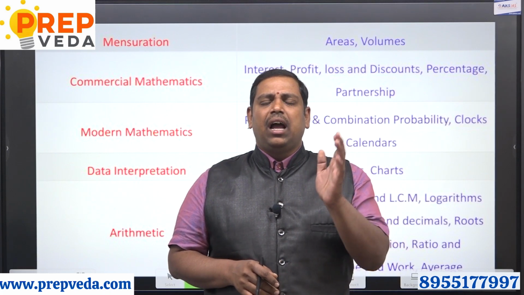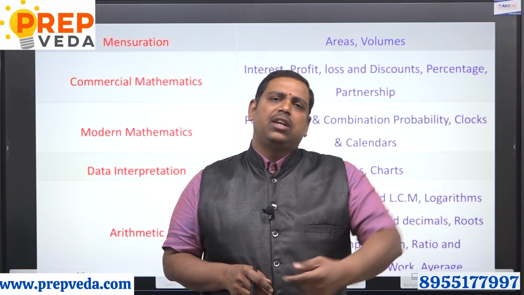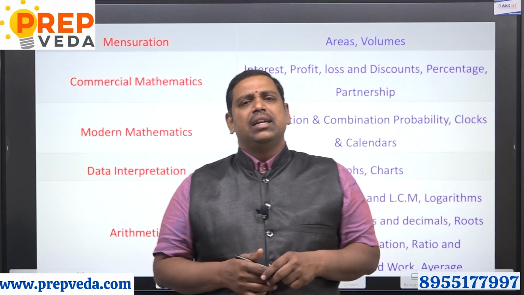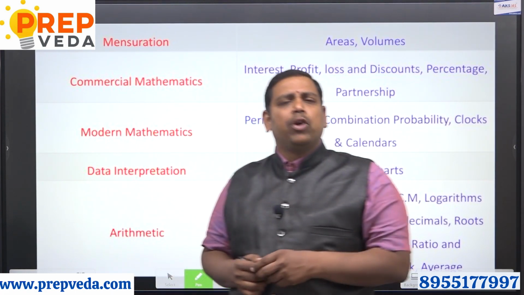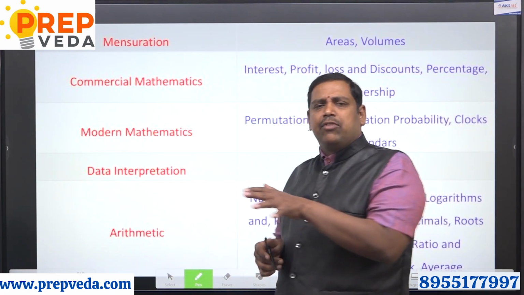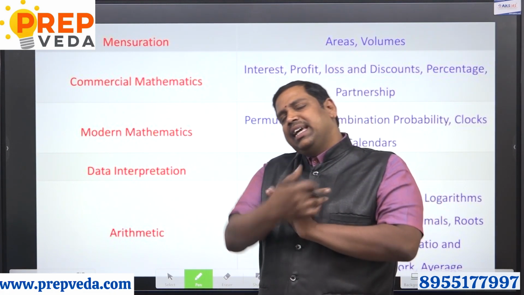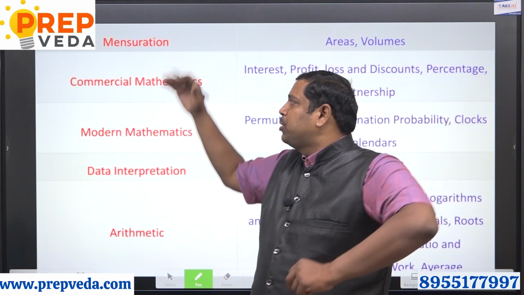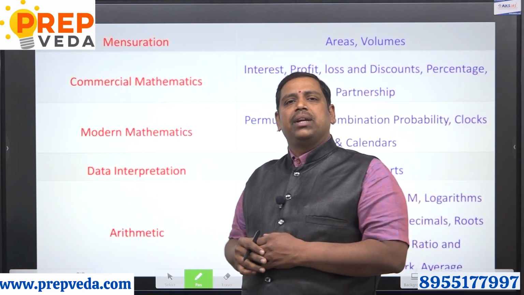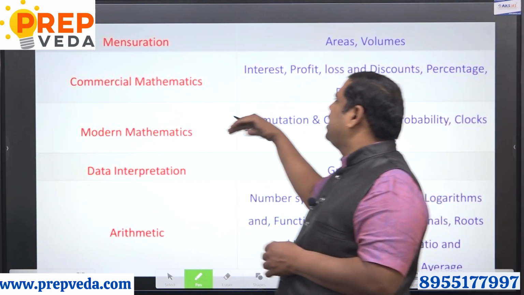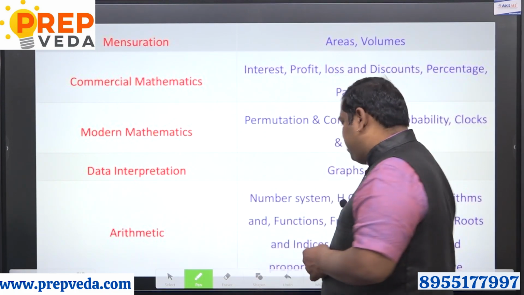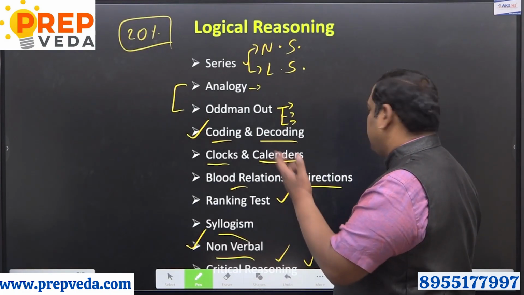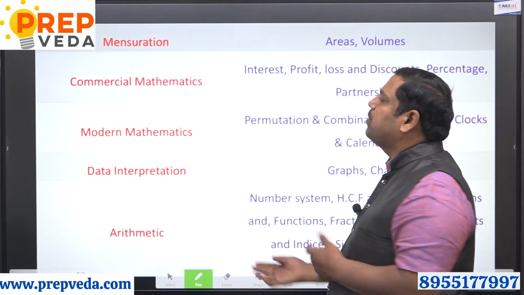Whenever he uses data analysis and problem solving, that means all the topics will be covered. That's why in AKS the beauty is that even in reasoning we are not leaving a single topic; we are covering each and every model, each and every topic. Similarly, for aptitude also we are completing all the topics. Here I have grouped them in a different way, so I have classified them into different groups.